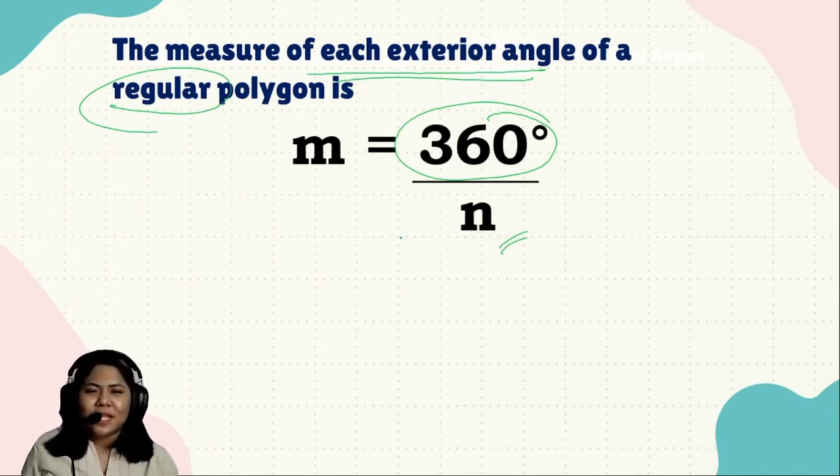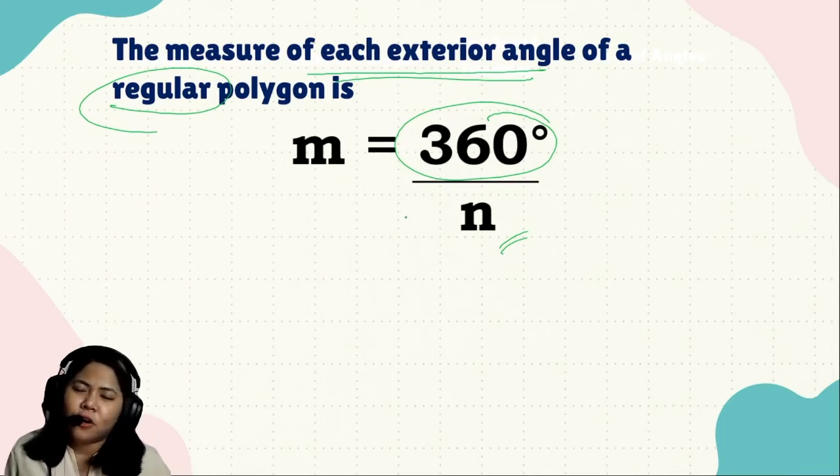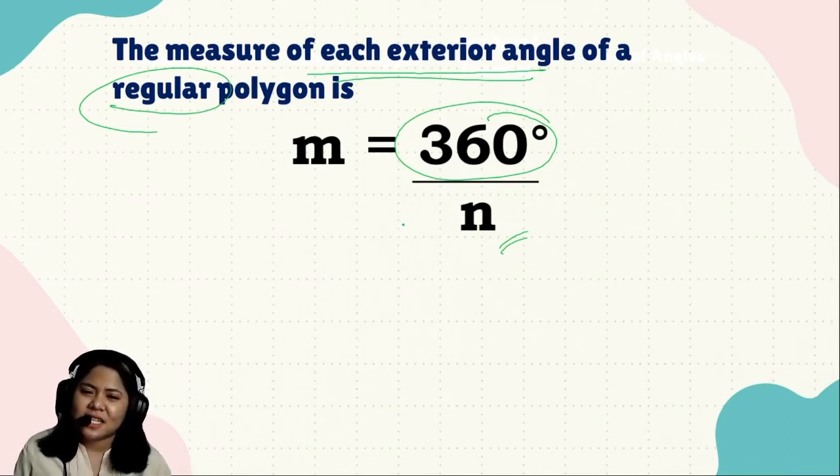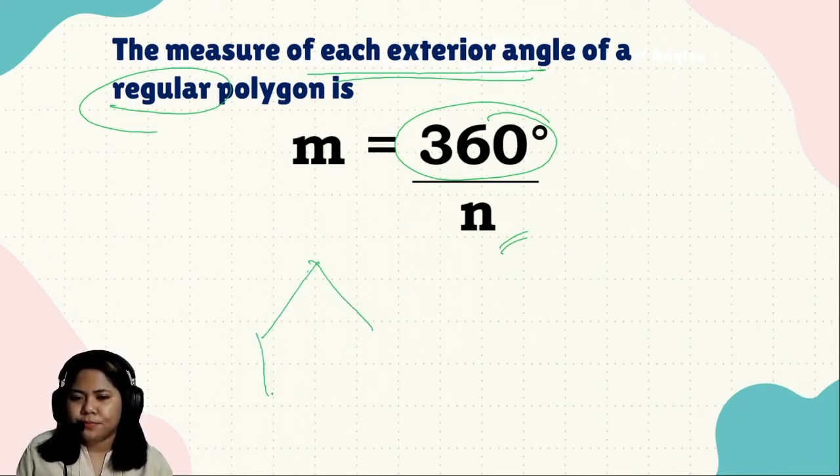So, to determine the exterior angle of a regular polygon, you just get 360 degrees and divide it by the number of sides. So, kung meron akong pentagon, 1, 2, 3, okay, pentagon yan, at gusto kong malaman ang measure ng bawat exterior angle niya, nasa labas, it's m equals 360 degrees divided by n.